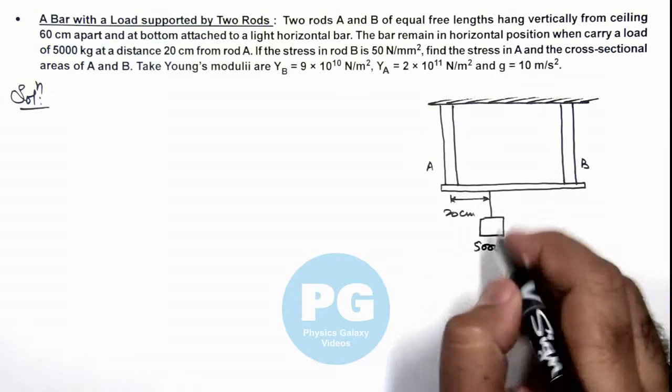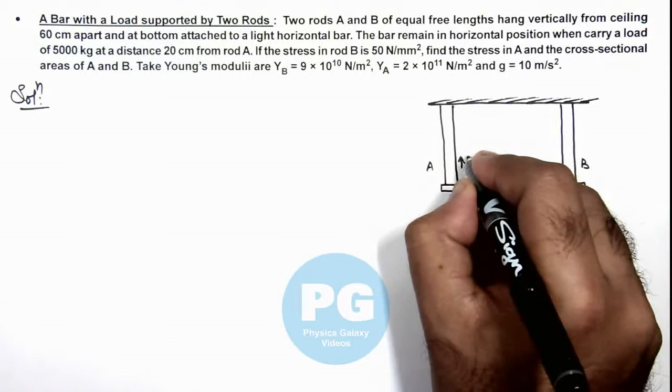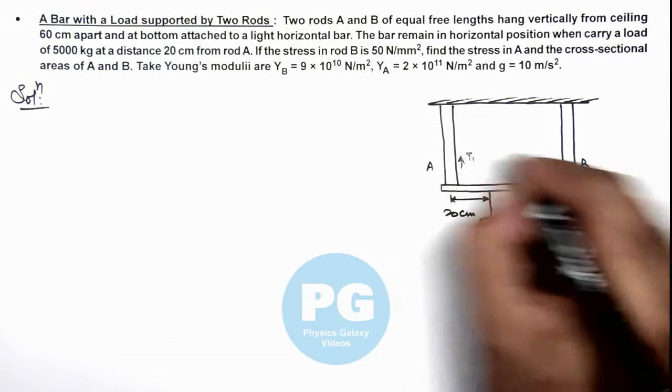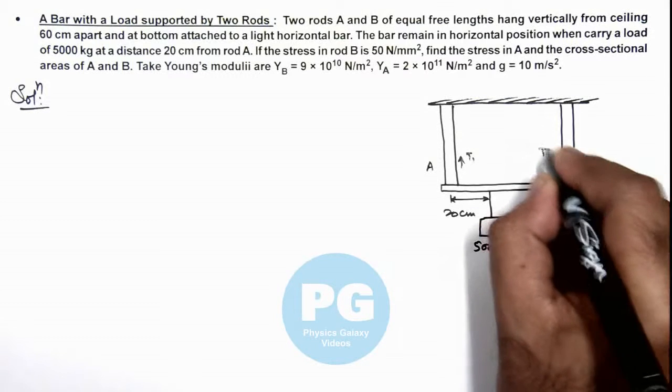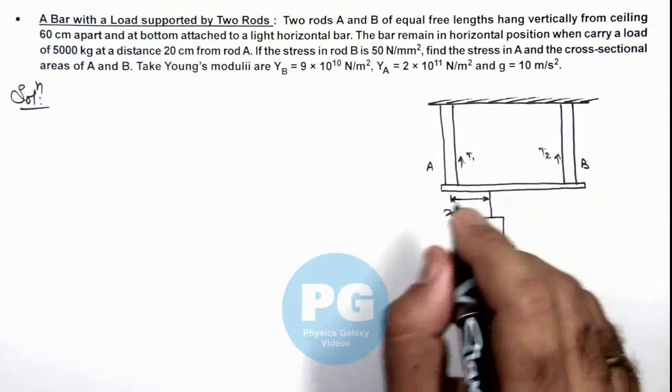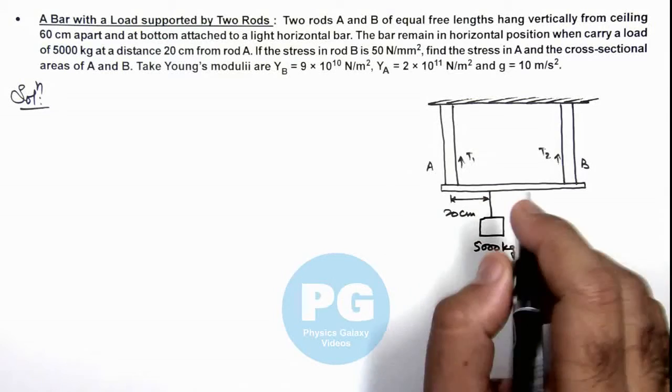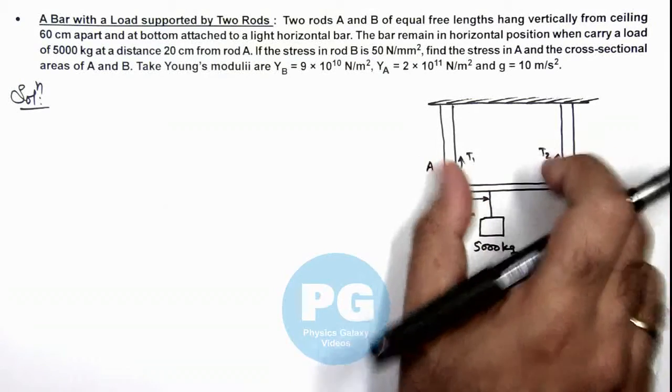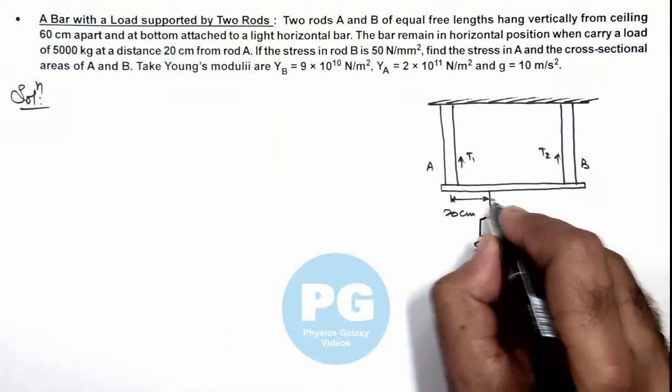So due to this, say tensions developed in the rods are T1 and T2, due to which a stress will be developed. And as the separation between the two rods is 60 cm, this length would be 40 cm.